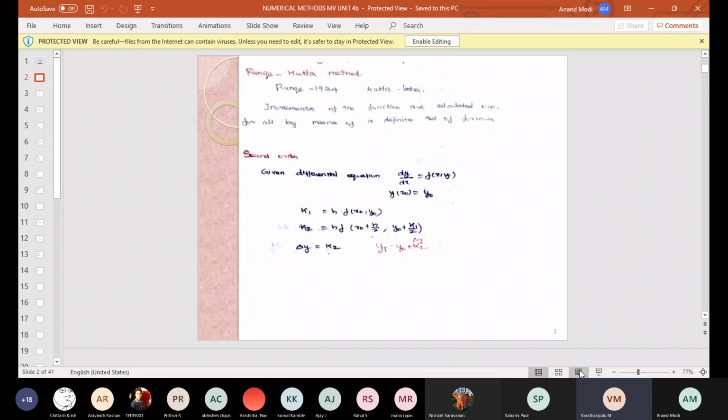If y of 1 is given, they may request us to calculate y of 1.1. That is what we are going to find. Here the step size is 0.1, since 1.1 is asked. With the step size, we need to go ahead with the problem.